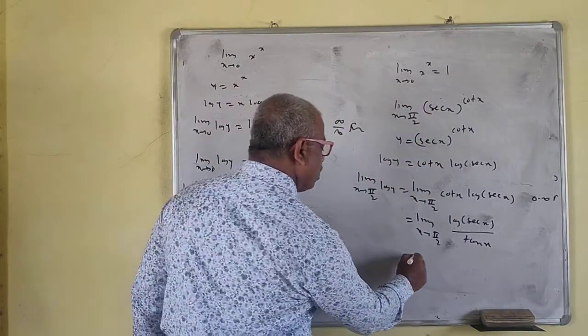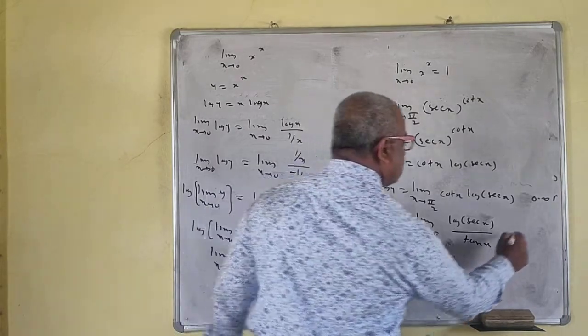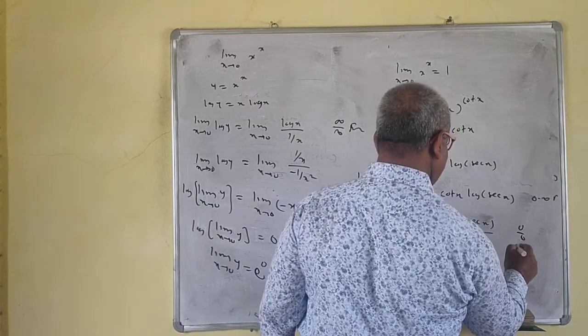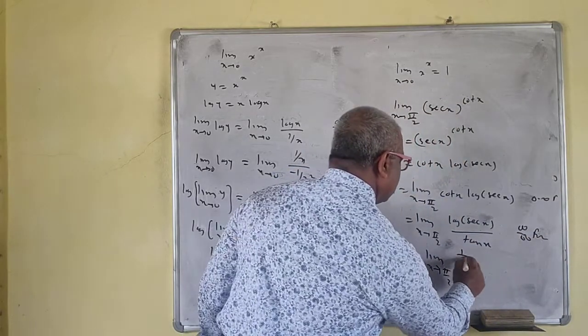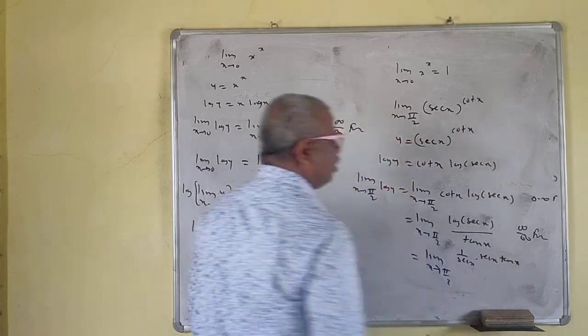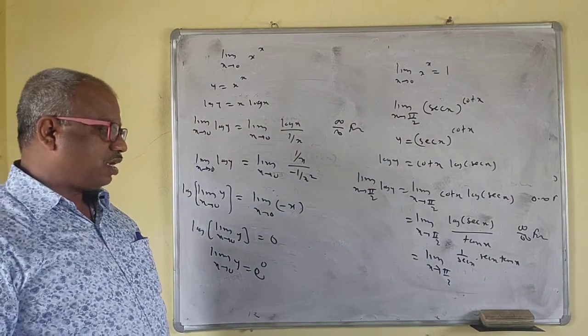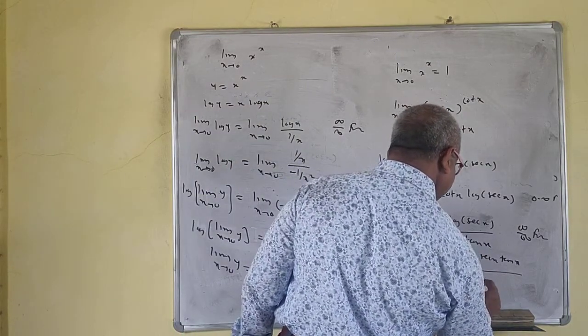Okay. So this is what then limit x tends to pi by 2. Now this is 0 by 0 form. This is infinity by infinity form. Okay. So 1 upon sec x into sec x tan x. So derivative of sec x is what? Sec x tan x. Okay. So upon sec square x.